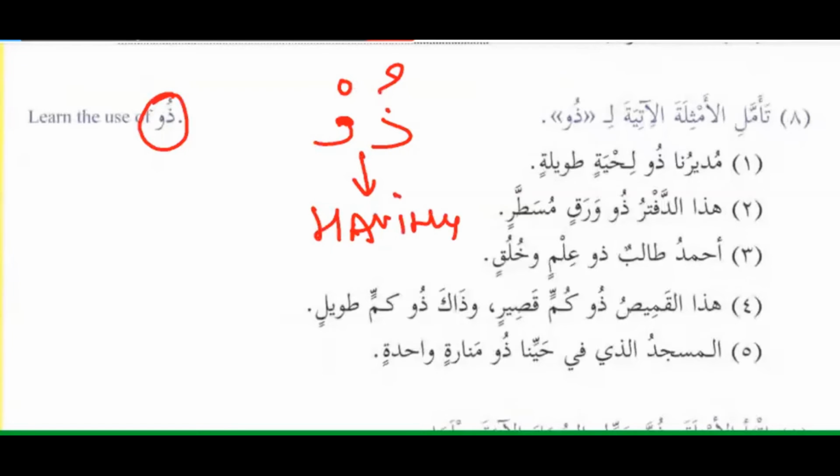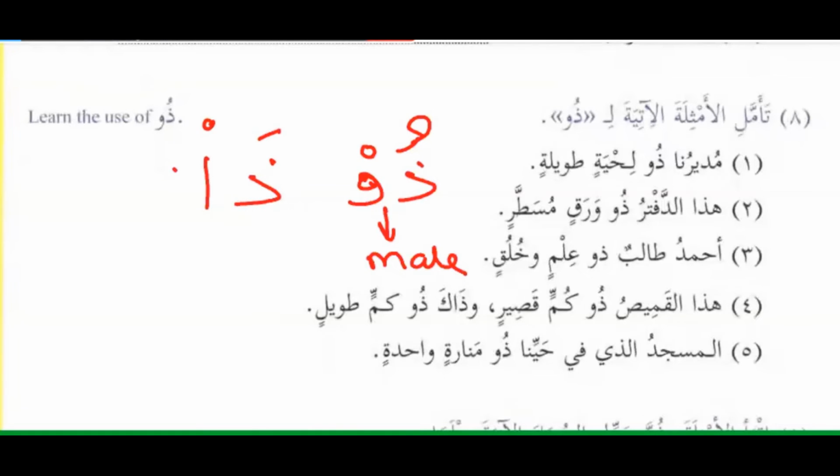So now the area of interest is zoo. Zoo means having or possessing something. This zoo is for a male. For the female, what will it be? Zatu. Zoo is for male and Zatu is for female.